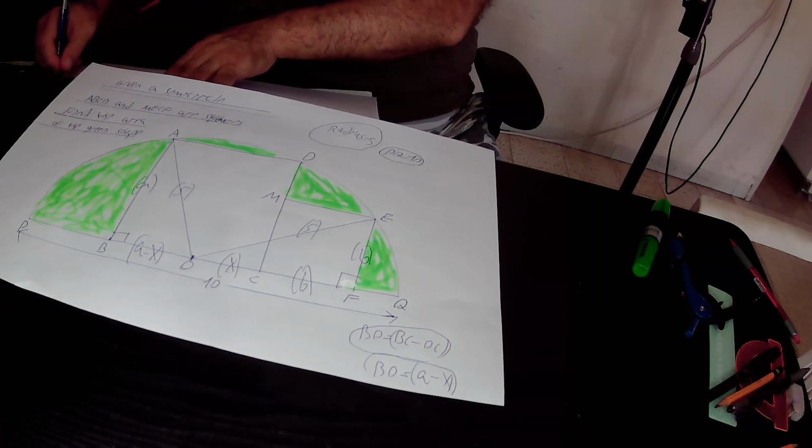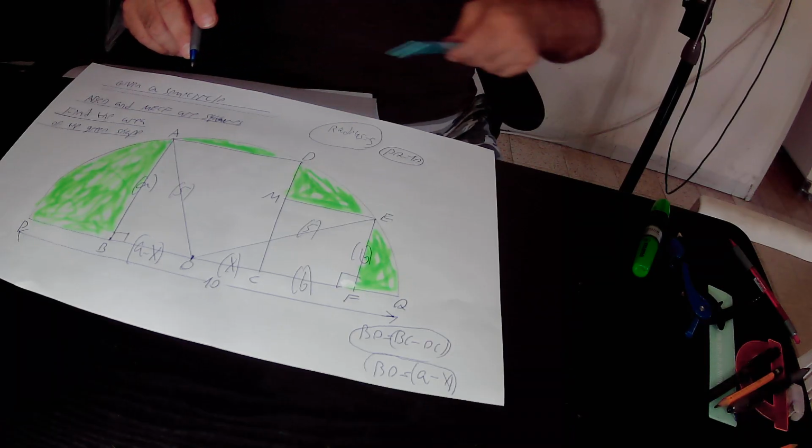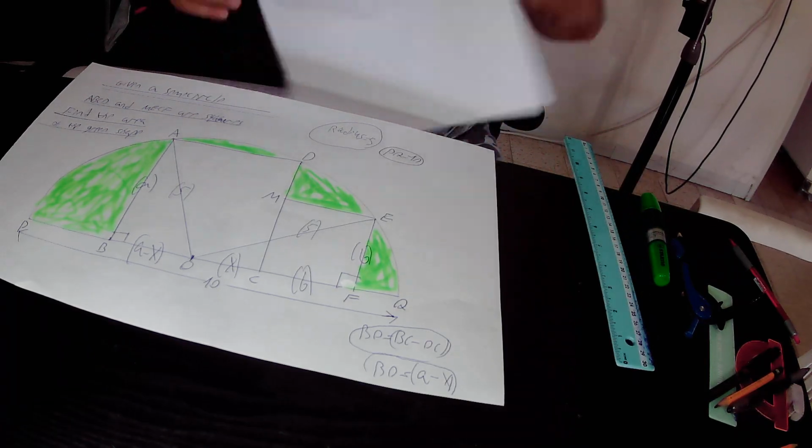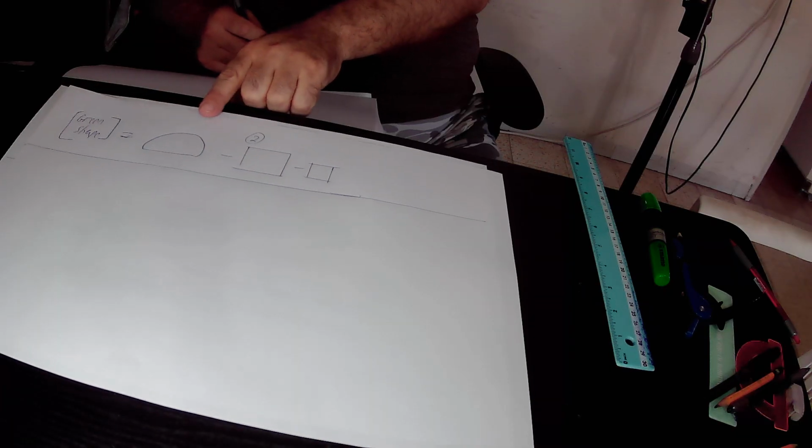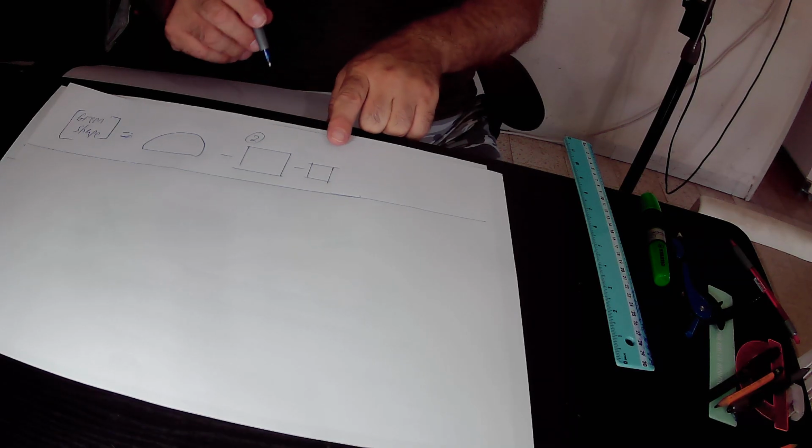Repeat again, we found out that the area of this green shape is equal to the area of the big semicircle minus the area of the big square minus the area of the small square.